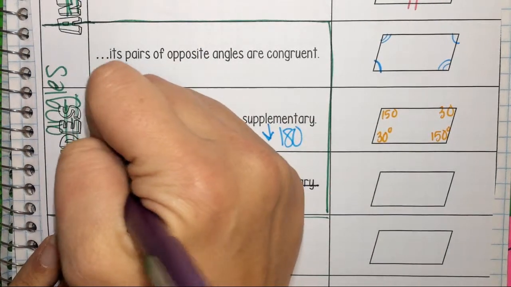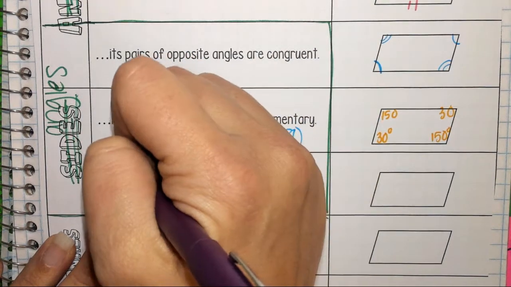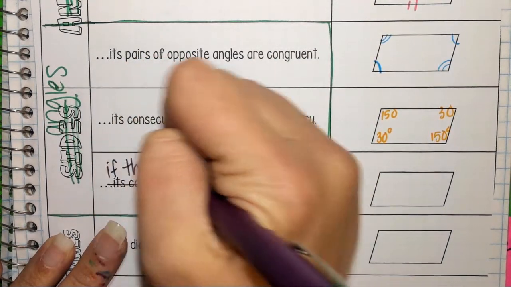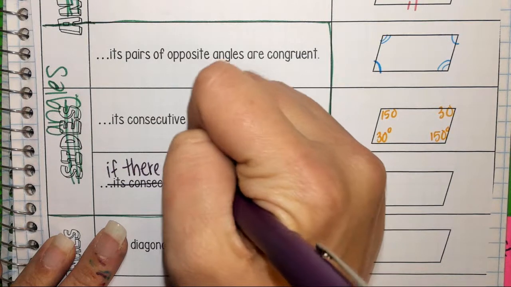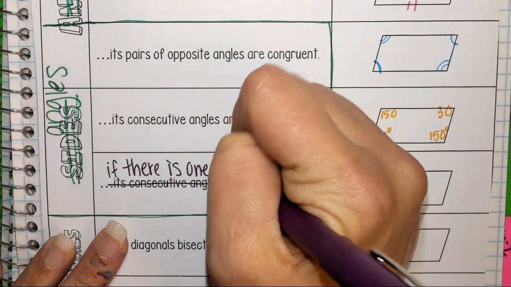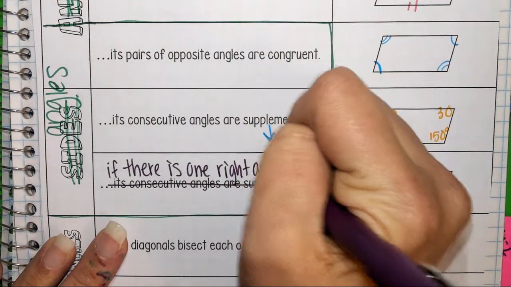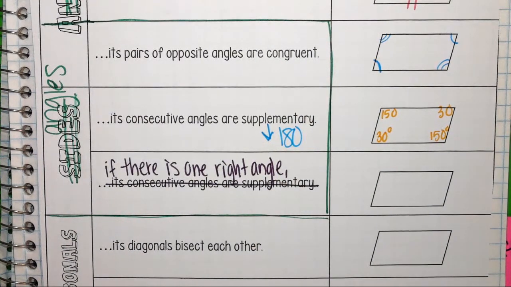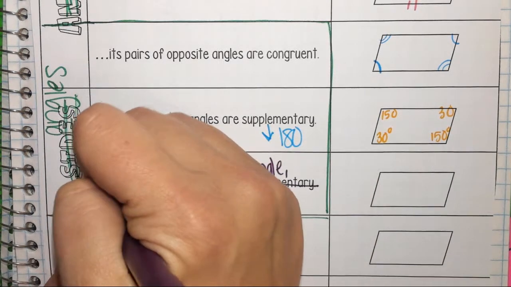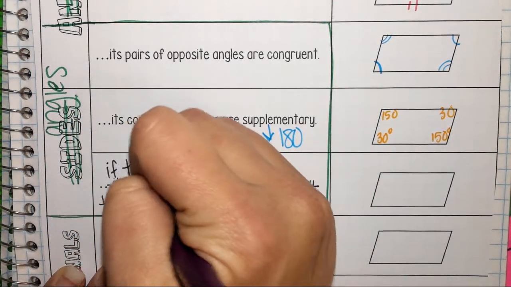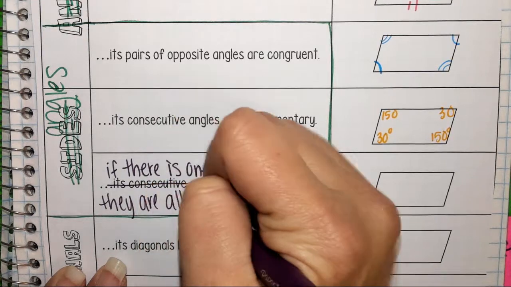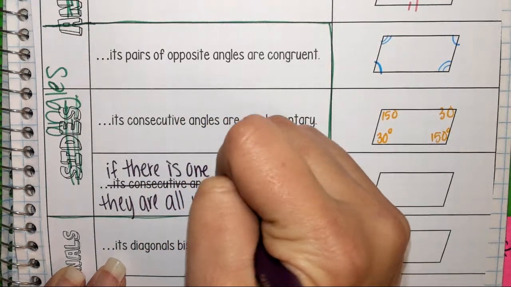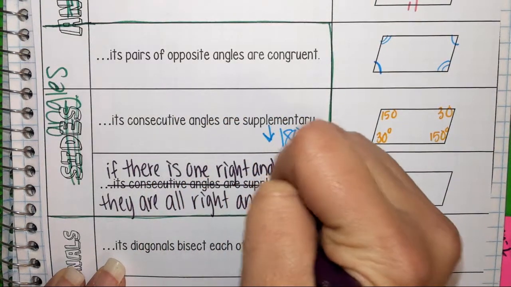It says, if there is one right angle, they are all right angles.